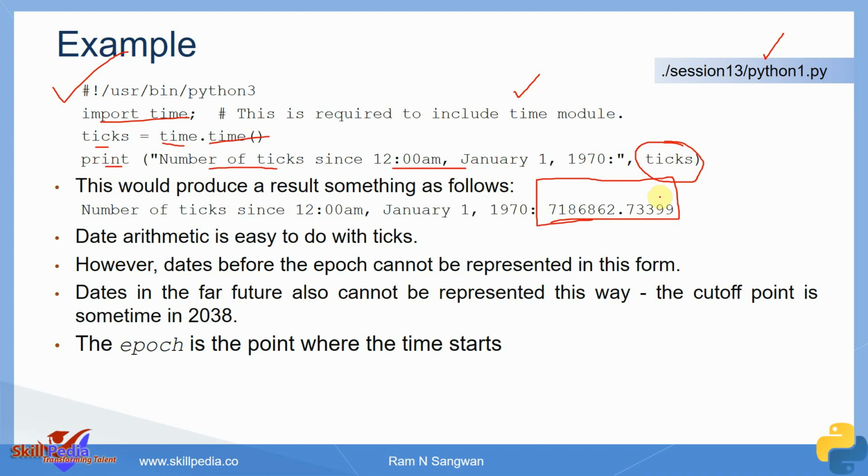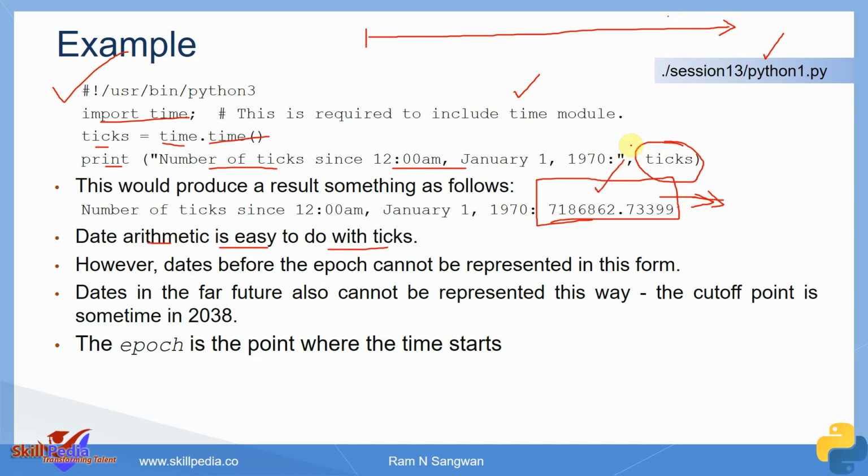Now you can convert it into date format, you can use functions to get the current date differences. Actually it is a number with fractions of time. Date arithmetic is easy to do with the ticks, because then you don't have to worry about the date, month, day or year, because it is something like a counter from 1st January 1970, 12 a.m., and we get a fixed number.